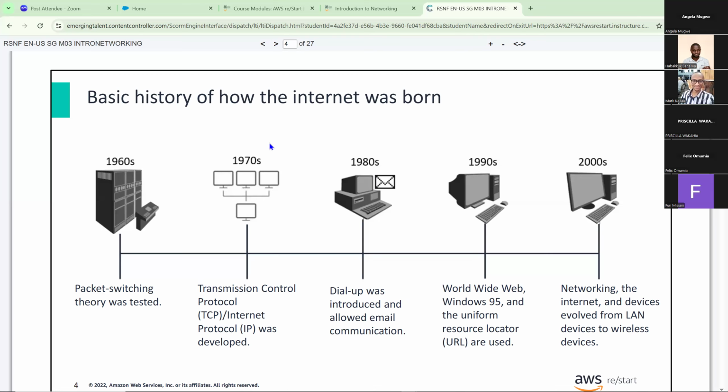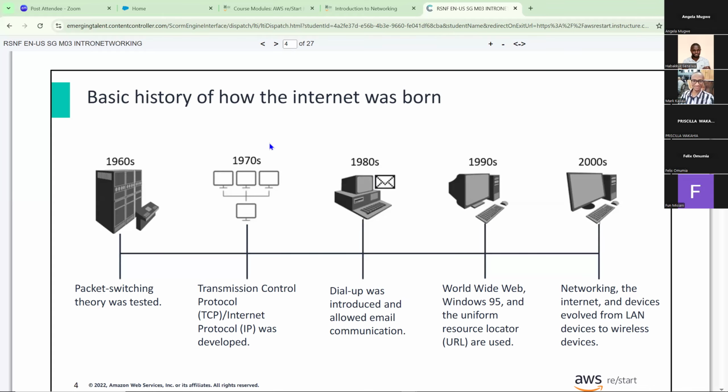In the 2000s, networking, the internet, and devices evolved from LAN devices to wireless devices. When you talk about LAN, it is all about local area network, and now a newer way of connecting to these devices was developed, called wireless connectivity.